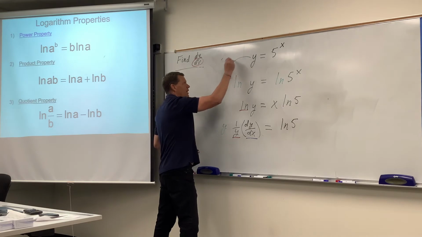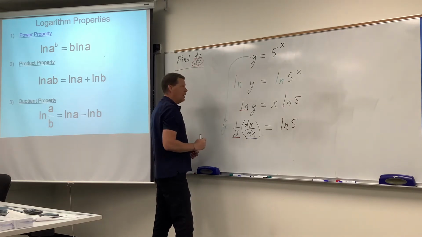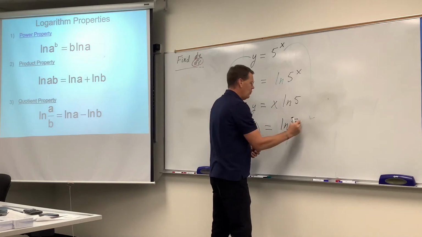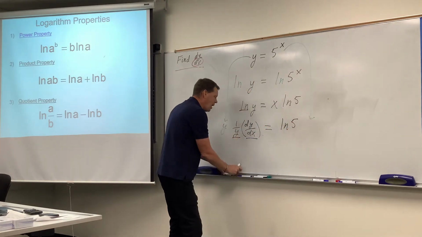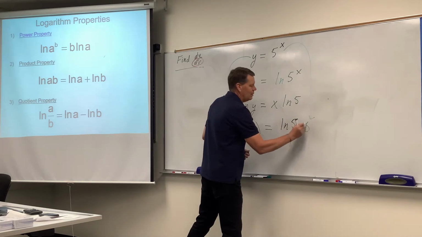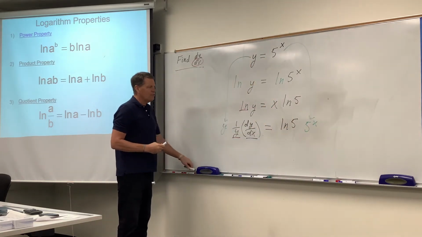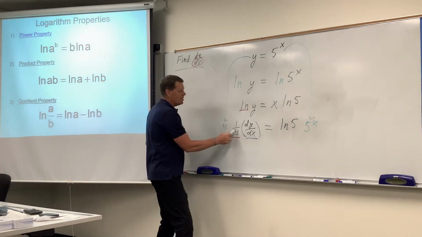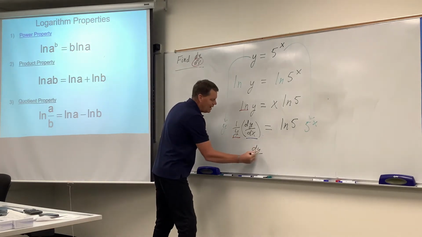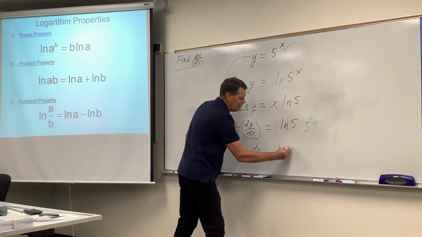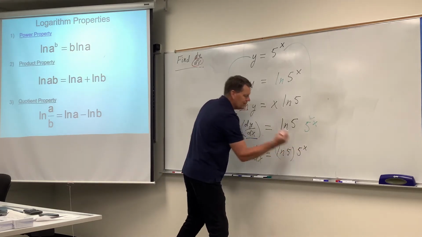We were told at the beginning of this question that y was equal to 5 to the x power. So we multiply the left-hand side by y, and we multiply the right by what y is equal to at the beginning of the question, otherwise known as 5 to the x power. These cancel and leave dy dx, and we're left with the natural log of 5 times 5 to the x.